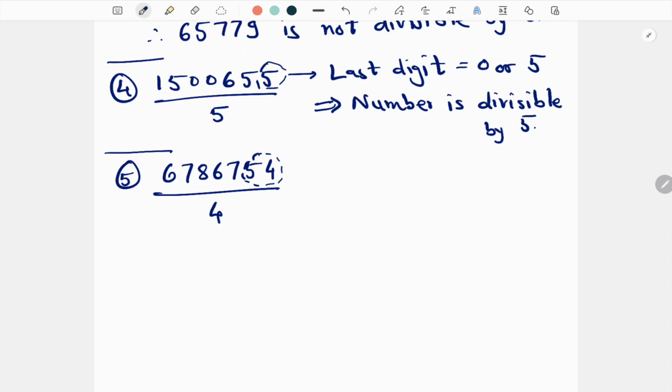Here we need to look at the last 2 numbers. We'll see why this is sufficient, but let's look at the last 2 numbers right now.